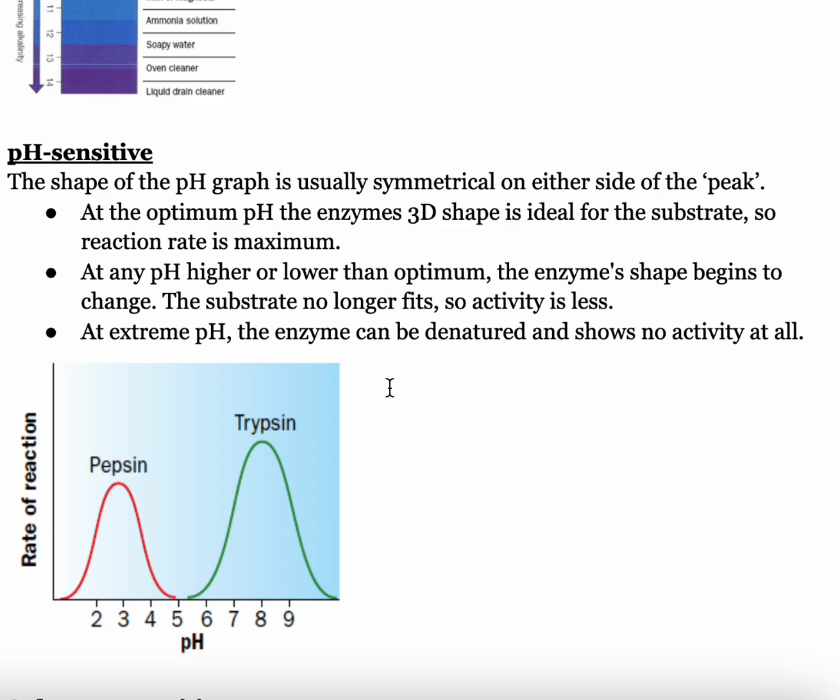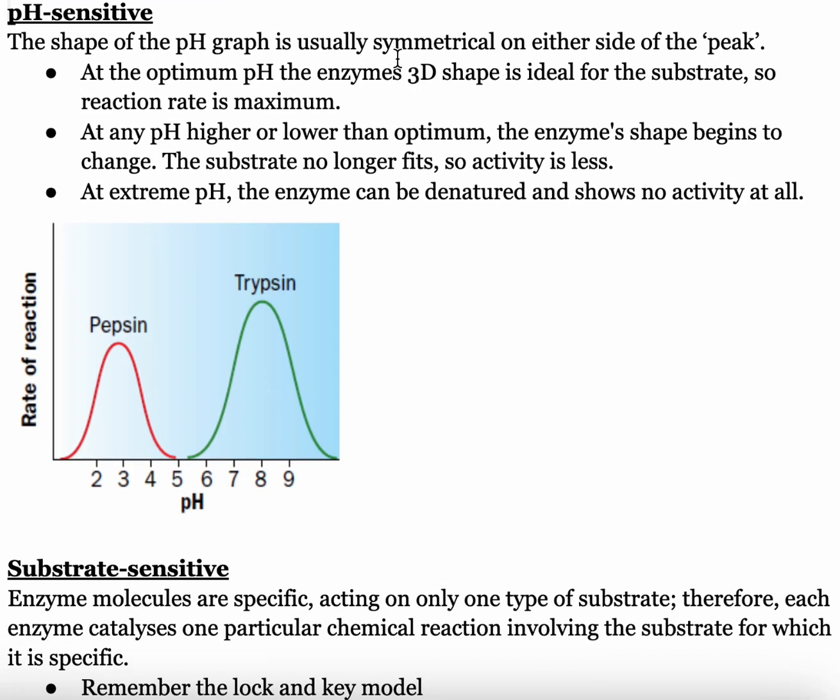Anyways, enzymes are pH sensitive. The shape of the graph is usually symmetrical on either side of the peak. At the optimum pH, the enzyme's 3D shape is ideal for the substrate.